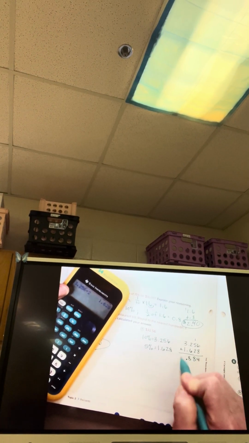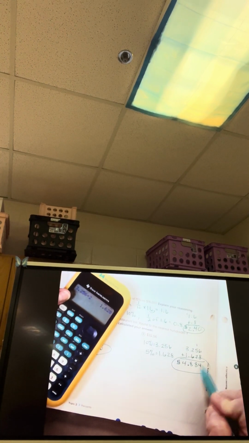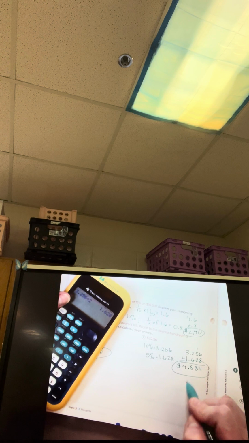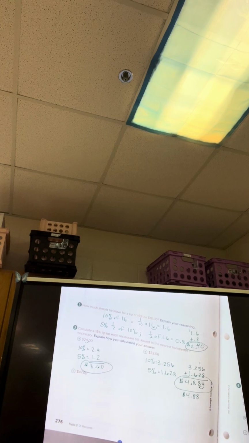Let me line them up better. There you go. There's your tip. You really wouldn't want this thousandths place value, so you would round it. So the answer would really be $4.88. So, anyways, that's how that works.